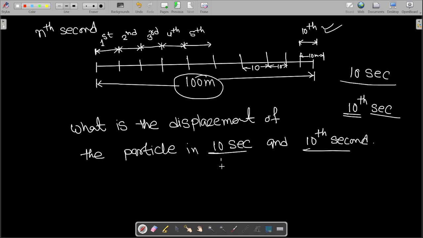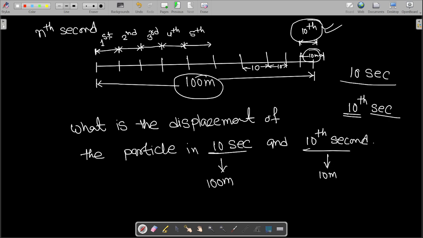Yes. But in the 10th second, it means the last 1 second, it covered only 10 meter. Yes.